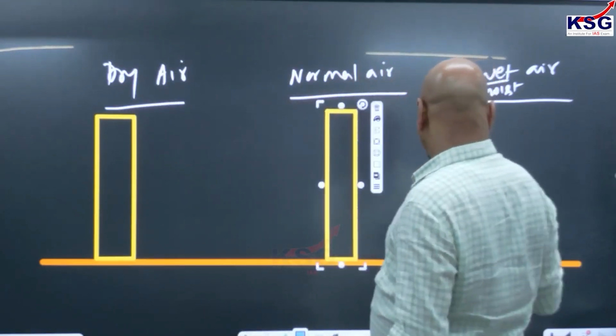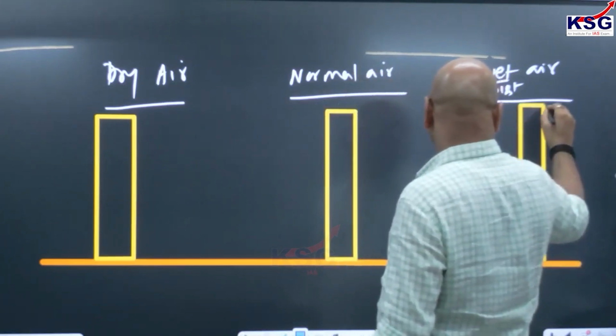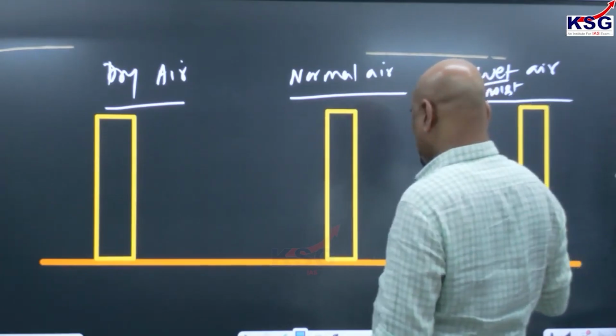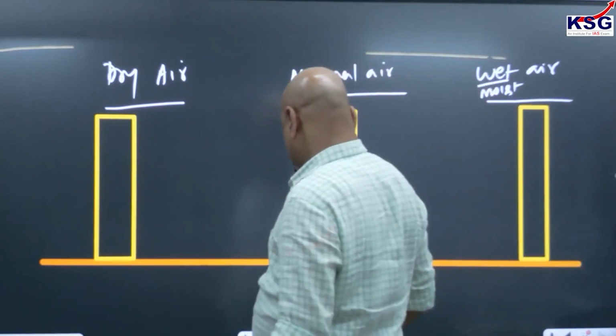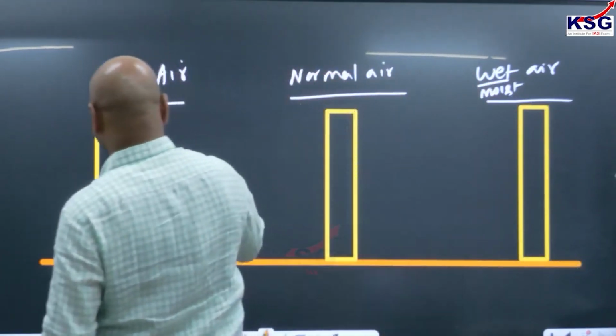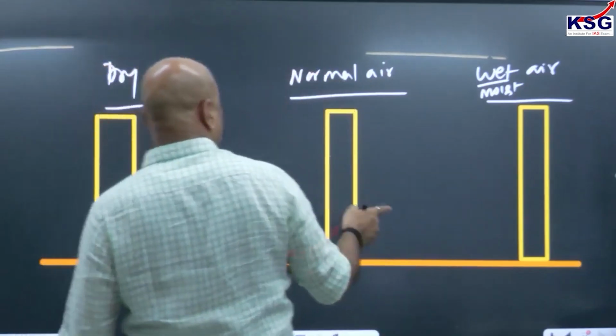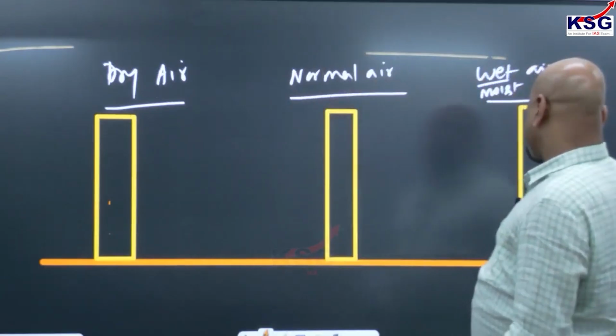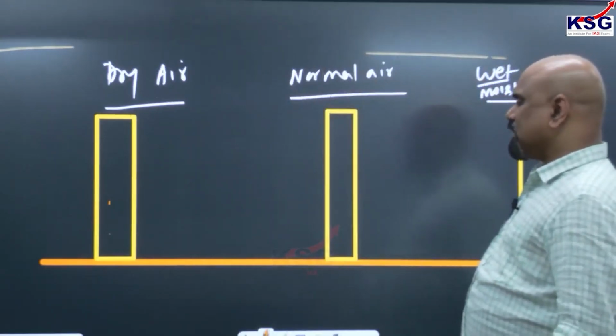Here is another place with moist air. This is dry air, normal air, moist air. Now you tell me one thing, wet air or moist air, in these three cases, A, B, C.